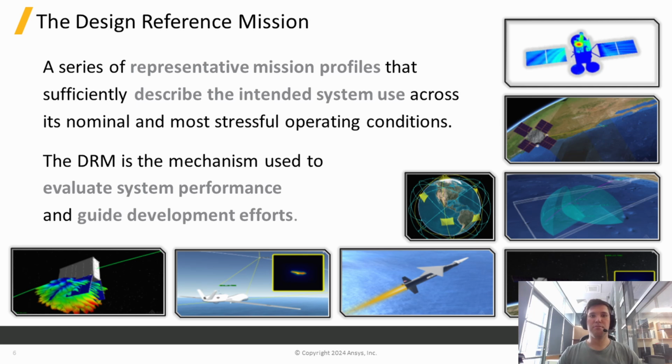By continuation, digital mission engineering, or DME, brings us to the idea of a design reference mission, or DRM. A DRM is a representative mission profile that sufficiently describes the intended system across both its nominal and its most stressful operating conditions. Ultimately, a DRM is the mechanism used to evaluate complex system performance and, in turn, guide development efforts.